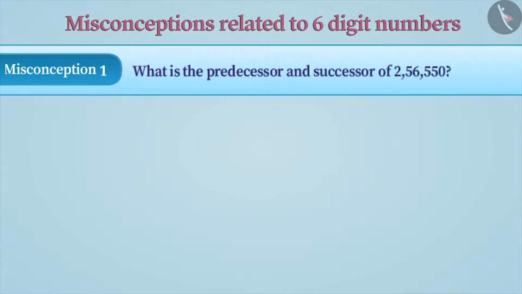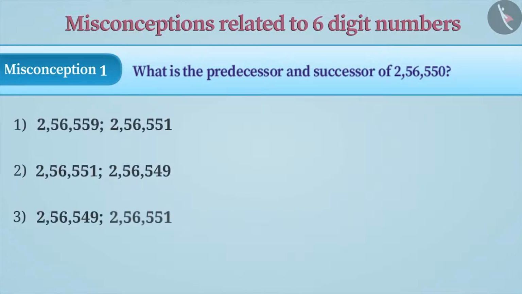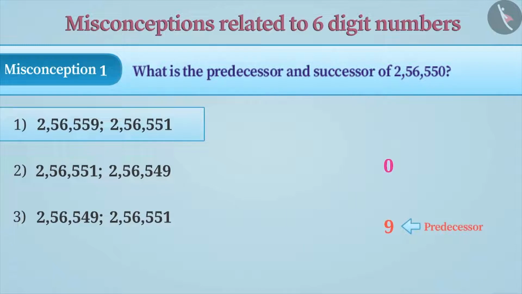Misconception 1. What are the predecessor and successor numbers of 2,56,550? Many a times, number 9 is assumed to be the predecessor of 0, and therefore option A may be chosen as the correct answer.